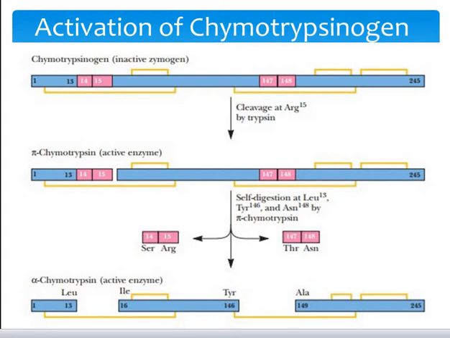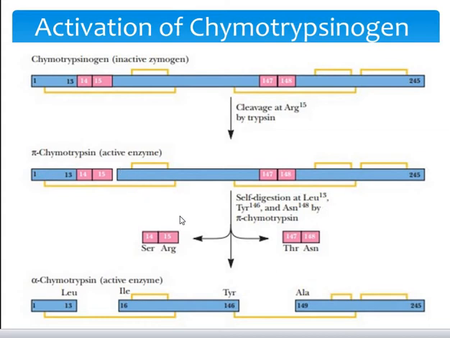On passing into the intestine, where proteolytic enzymes are required to digest dietary proteins, chymotrypsinogen is attacked by trypsin. This breaks the peptide bond between arginine 15 and isoleucine 16, producing pi-chymotrypsin. Already the molecule has full enzyme activity, but further change then takes place.